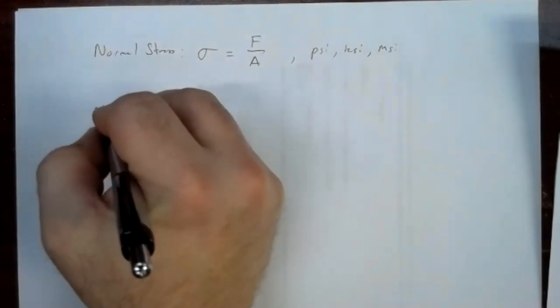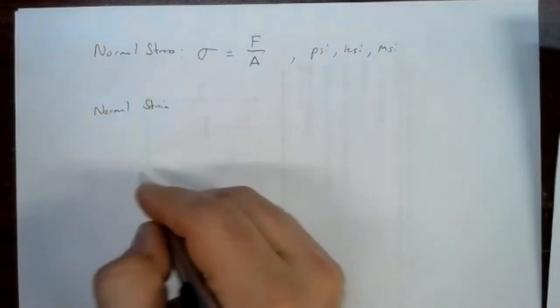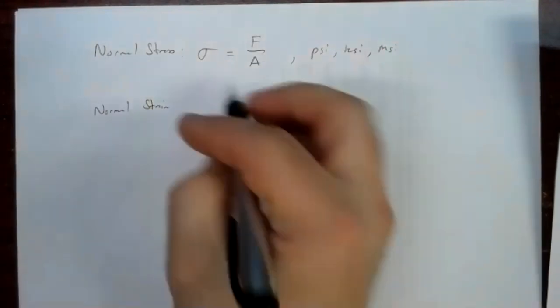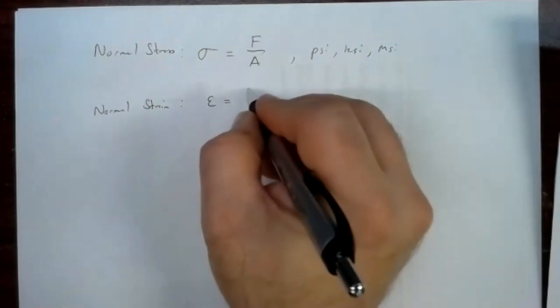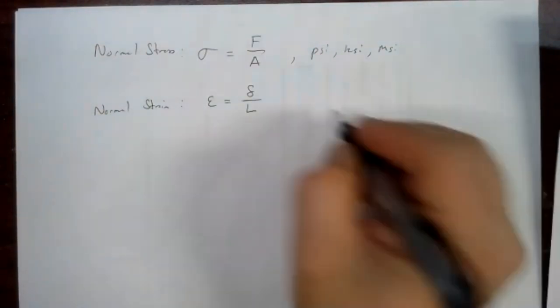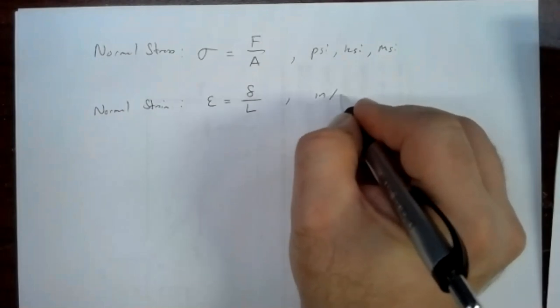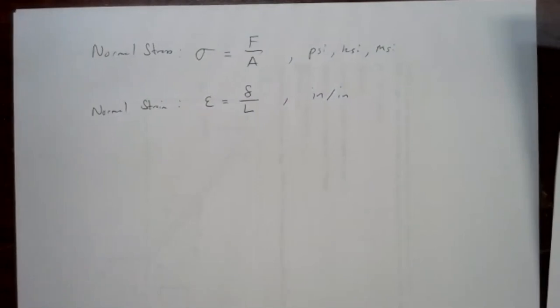And then we have normal strain, because the direction of change in length is perpendicular to the cross section. So we call it normal strain. Strain is elongation over length. And it is dimensionless, or inches per inch is pretty typical to use for that. So those are our two big equations at this point.